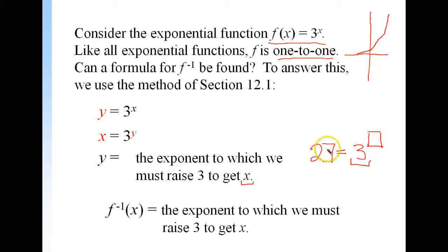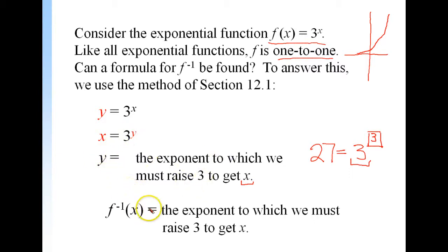Now, x is the result of raising 3 to a power, and what would that power be? In this case, it's going to be 3. So 3 to the third power is 27. So y over here is going to be a 3.